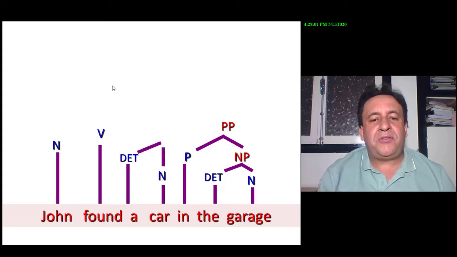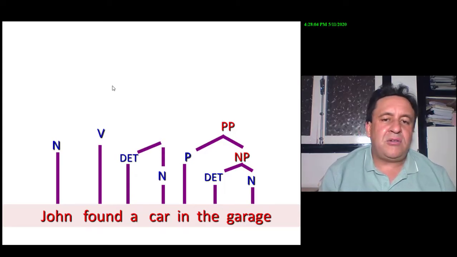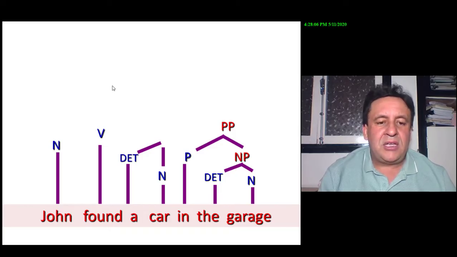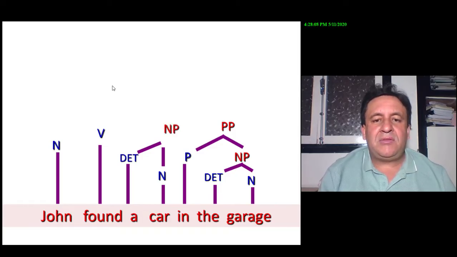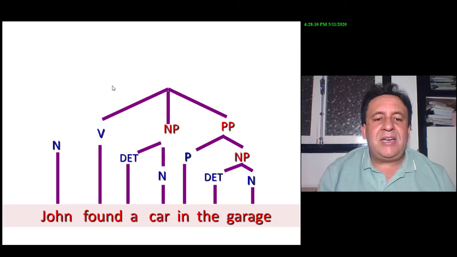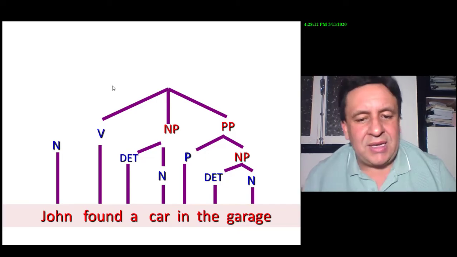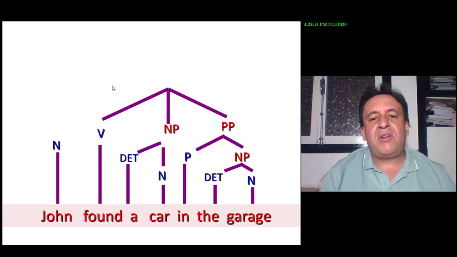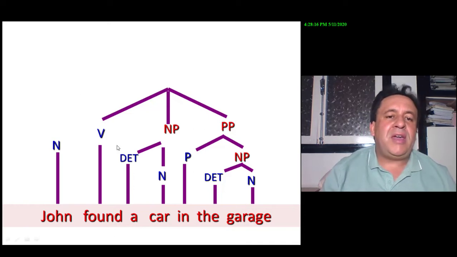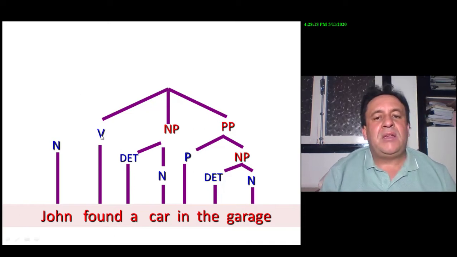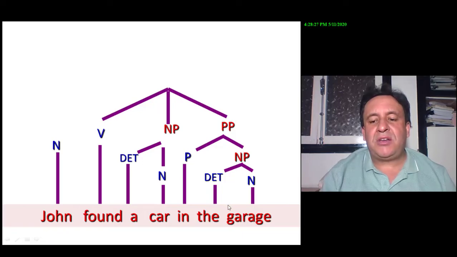A car is a noun phrase. Again, I can replace it by a proform such as the pronoun it: John found it, which is an NP. And here we have a VP, and the VP is found a car in the garage, consisting of the verbal head, V, found, followed by an NP and a PP, the NP being a car, the PP being in the garage. This is what we call the VP.